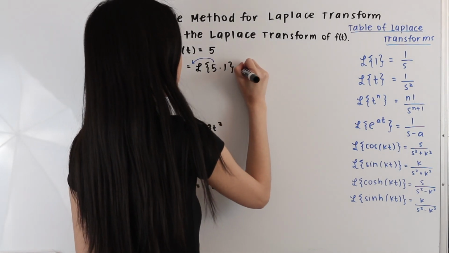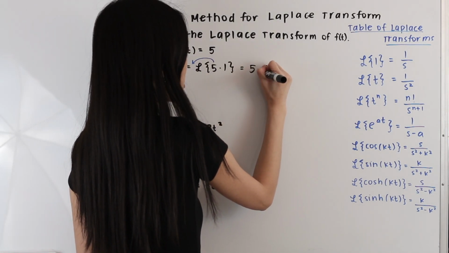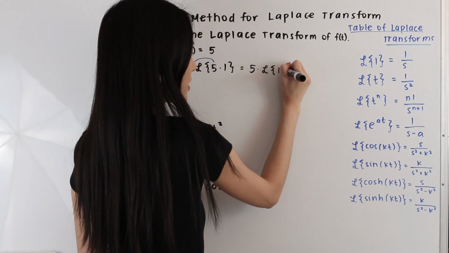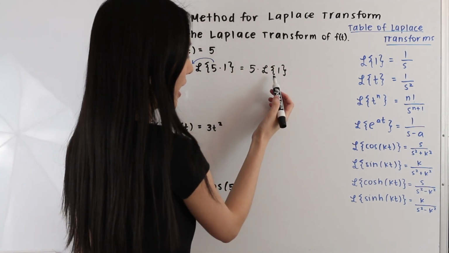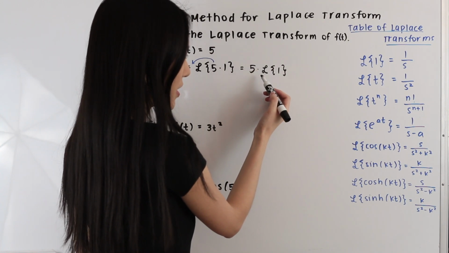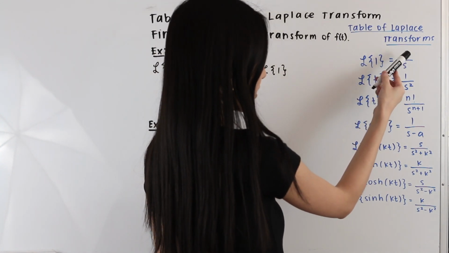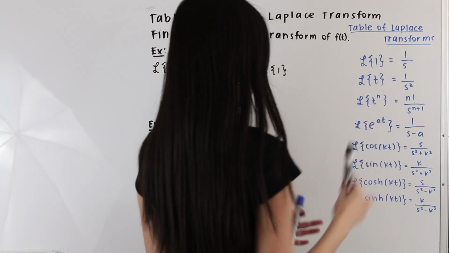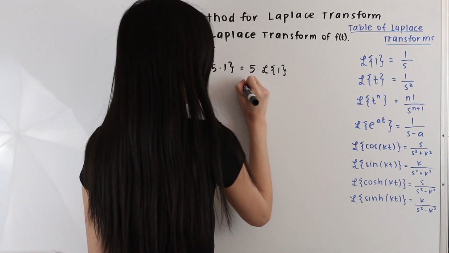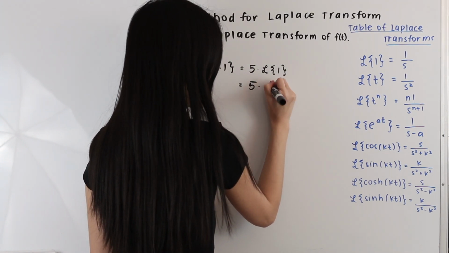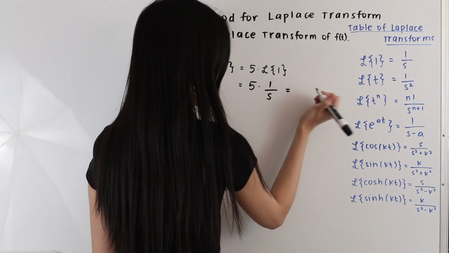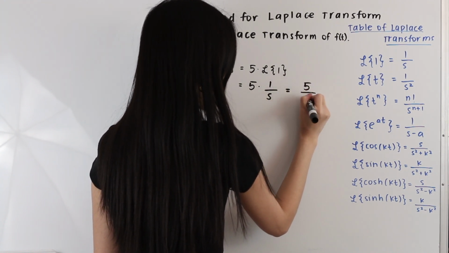So we have 5 times the Laplace transform of 1. And so we can go to our table and determine what the Laplace transform of 1 is equal to, and we can see from our table that it is equal to 1 over s. And so we have 5 times 1 over s, and so this is equal to 5 over s.